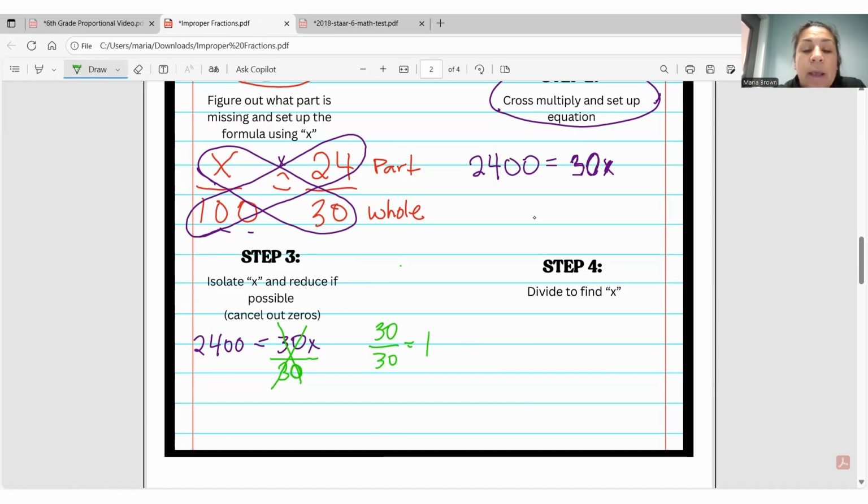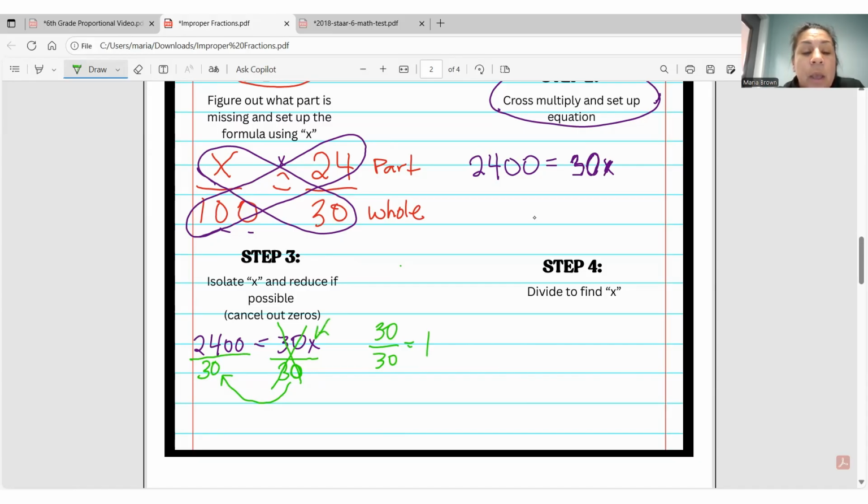That's why it cancels out. Whatever we do to this side, we're going to do to this side, so we pull the 30 over, because it doesn't just automatically disappear. We're bringing it over to the other side. So 2400 divided by 30 is now equaling x.